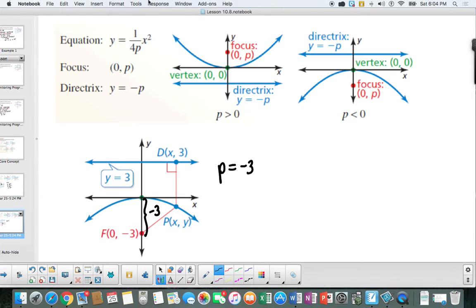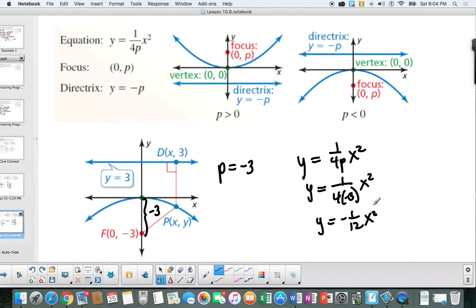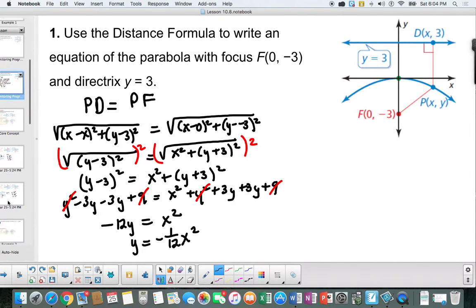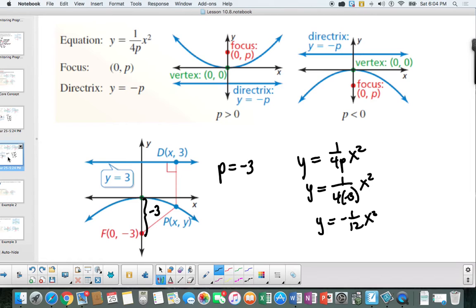And then I write down this equation, y is equal to 1 over 4p x squared. And then I'm going to substitute negative 3 in here, and I'm going to get y is equal to negative 1/12 x squared. Now let me show you the screen again where you went through all the distances and got negative 1/12. So again, looking at this pattern is so much easier than figuring out distances.